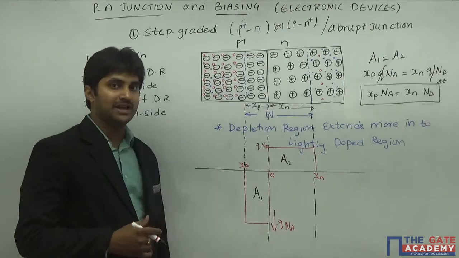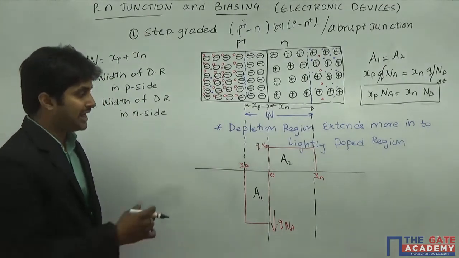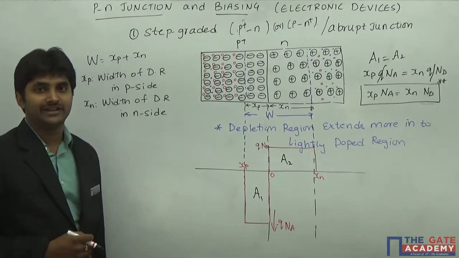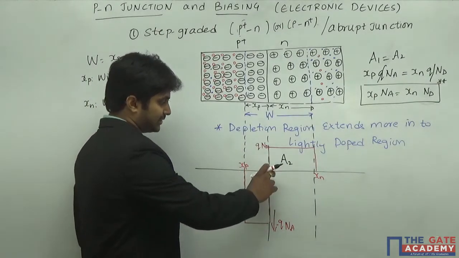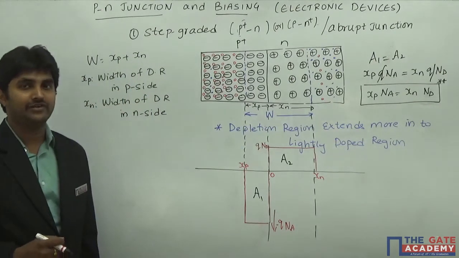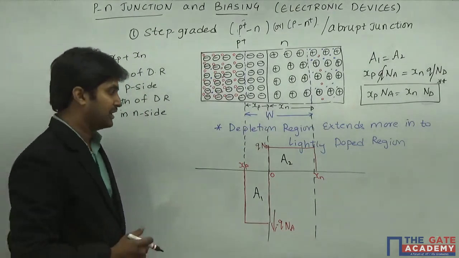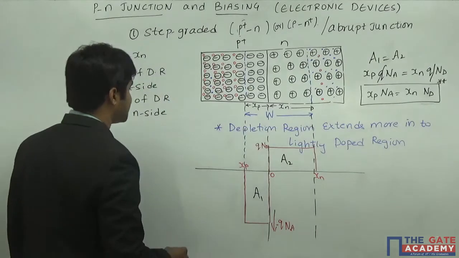One more important formula that we're going to discuss is the electric field profile, and we have to find the peak electric field. So here, this is nothing but the charge density profile, and we should have an electric field profile. So what is the relation between the charge density and electric field?